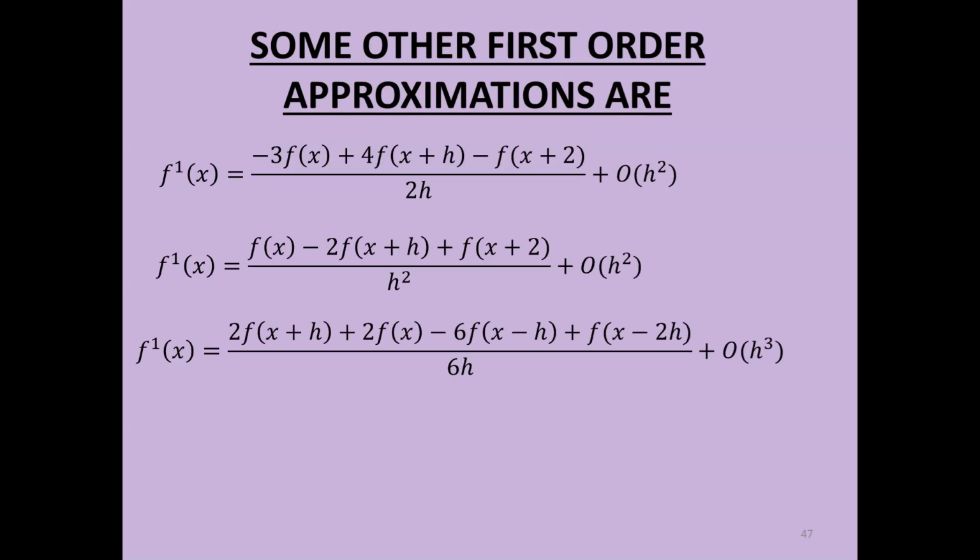But then if you compare the third equation with the first or the second equation, you can very well see that in the first and the second equations there are only 3 terms. Talking in terms of the first expression, for finding the first order approximation, you need to find the value of f at 3 points given by x, x plus h, and x plus twice h.